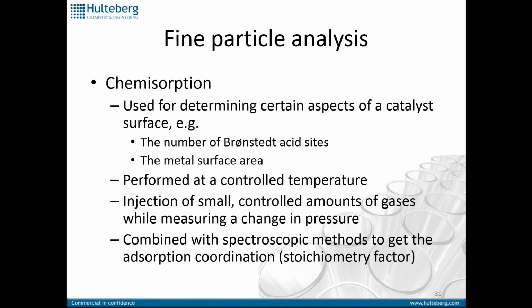We'll now turn to chemisorption, which is used for determining certain aspects of a catalyst surface. It can be the acidic sites, it can be basic sites, or it can be the metal surface area of a supported metal catalyst. We perform this at a controlled temperature. We inject small controlled amounts of gases, and we measure a change in pressure again.